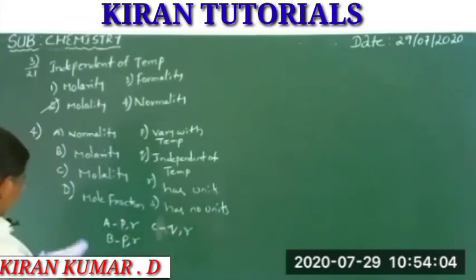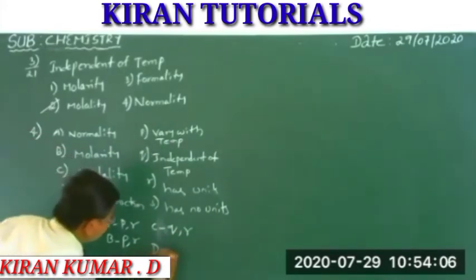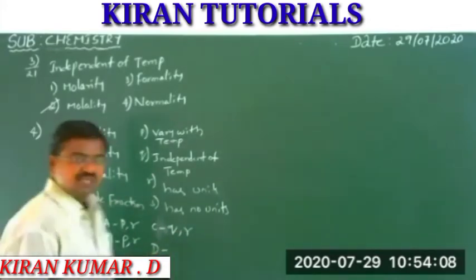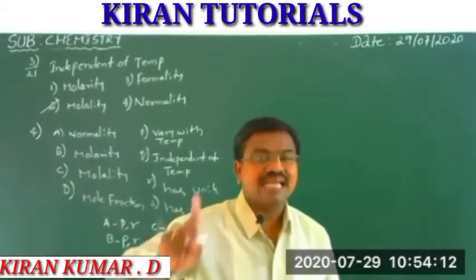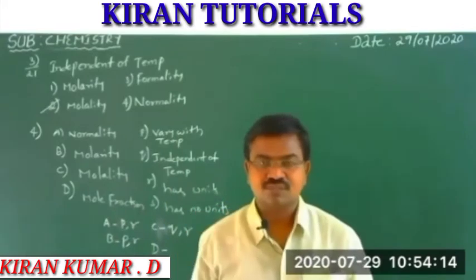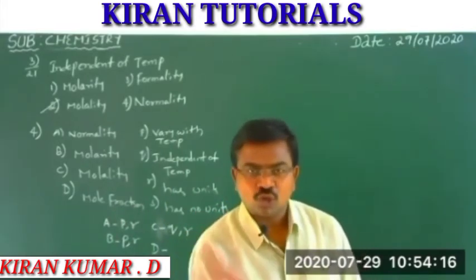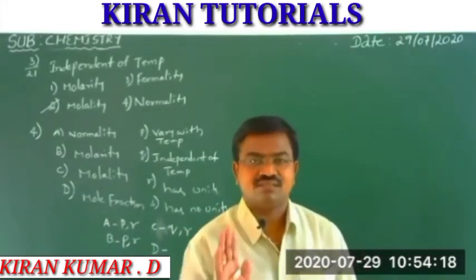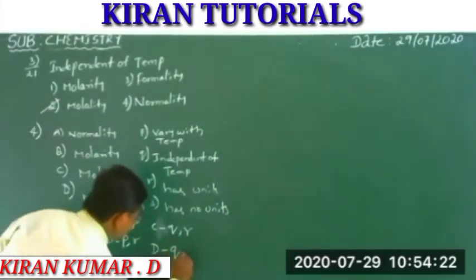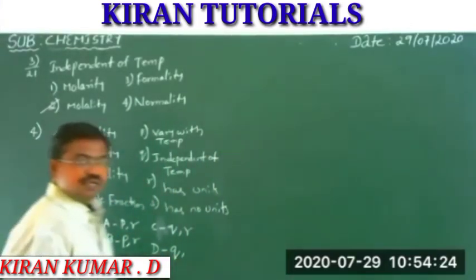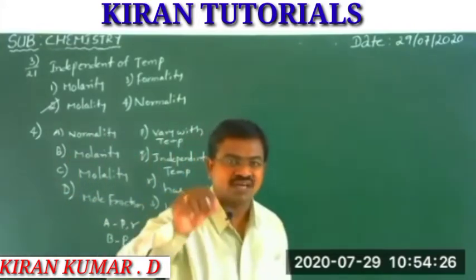Next one, D, mole fraction. Molality and mole fraction are mass related concentration terms, so there is no effect of temperature, so here also Q. Does mole fraction have units or not?